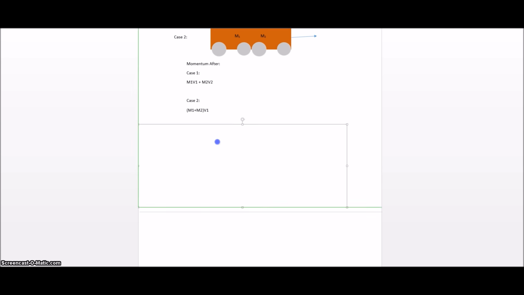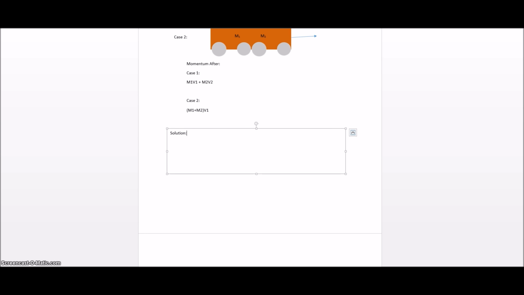Now the solution to this would be, in the first case, m1 u1 equals m1 v1 plus m2 v2. And usually you'll be given numbers for these, and so with some simple algebraic rearranging, you can get the things that you'd need.